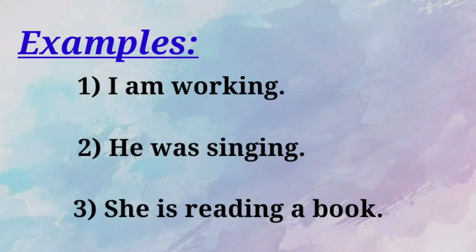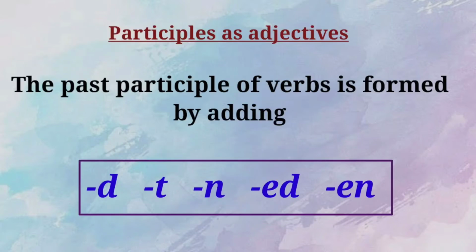Okay students, have you understood these examples? Remember one thing, the present participle of the verb is formed by adding ing. We have to add ing only to the base form of the verb. Now we are going to learn about the past participle. The past participle of the verb is formed by adding d, t, n, ed, en.